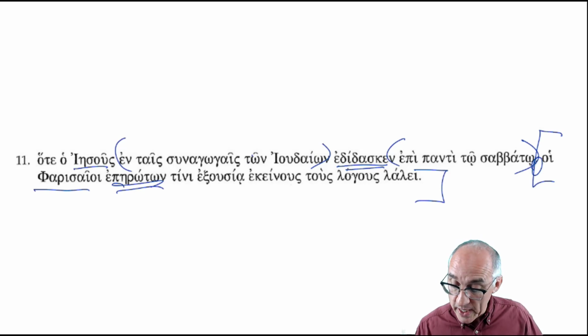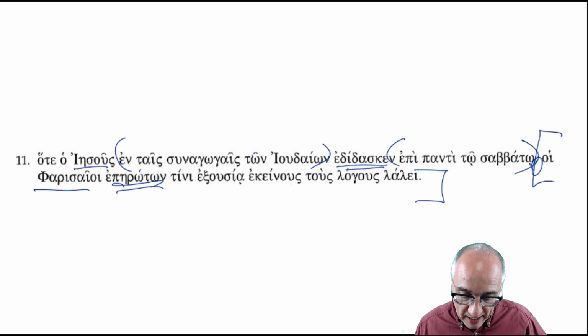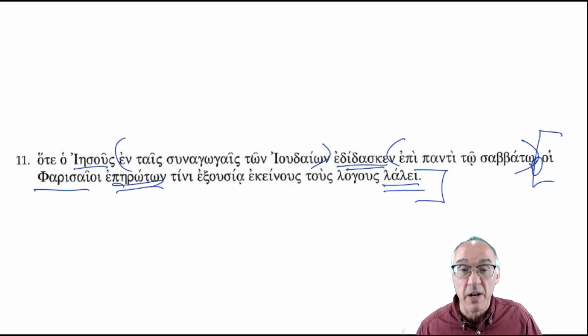Great. So have we gotten the first part of the sentence yet? Yes, we have. Second part: for the Pharisees, what were they doing? Eperoton. Then there's another verb here at the end.